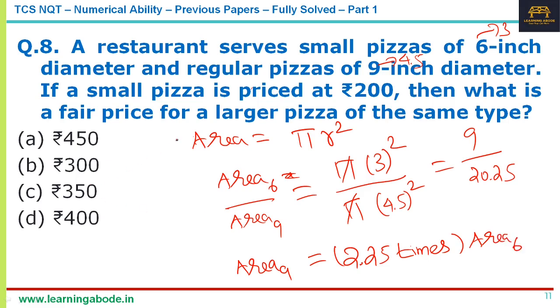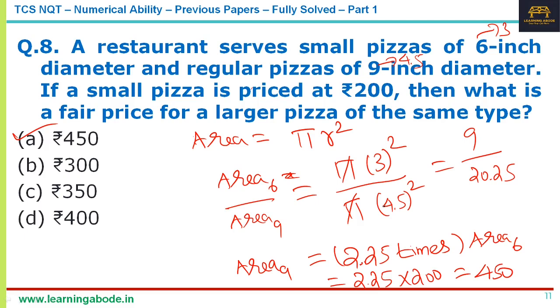So the cost of this would be 2.25 times 200, that would be 450. Actually, if you don't want to calculate 4.5 square is 20.25 and all that, 3 becoming 4.5 is 1.5 times.